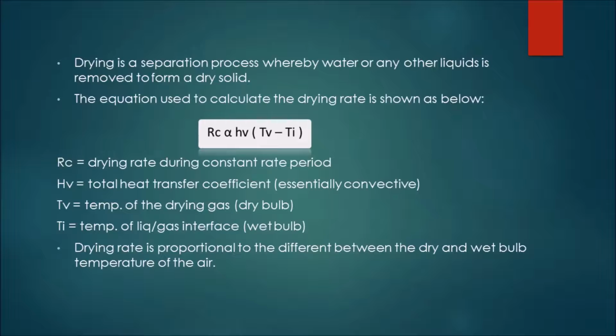Dry bulb temperature is the temperature of surrounding air. At steady state, the temperature of the liquid gas interface, Ti, is equal to the wet bulb temperature. Wet bulb temperature is defined as the lowest temperature that can be reached by evaporating water into the air. Therefore, the drying rate is proportional to the difference between the dry and wet bulb temperature of the air.